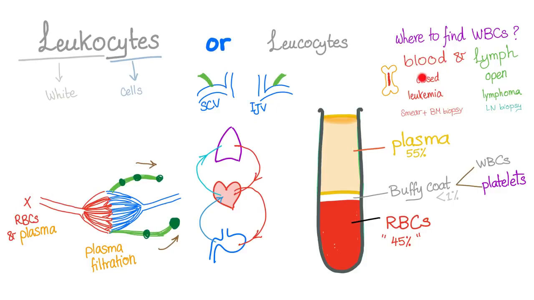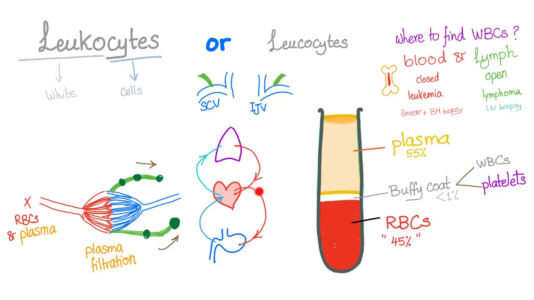The blood system is a closed system. It starts in the heart and it ends in the heart. So let's do it. From the right side of the heart comes deoxygenated blood to the lung. The lung oxygenates this blood using oxygen that you breathe and returns nice red oxygenated blood to the left side of the heart.